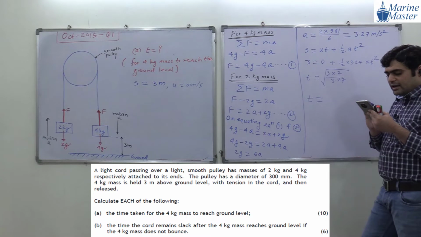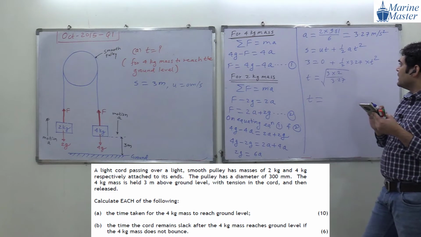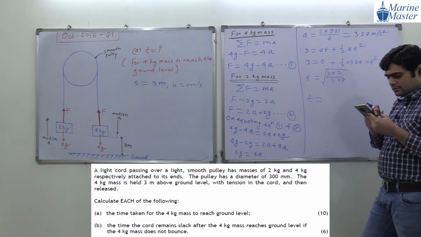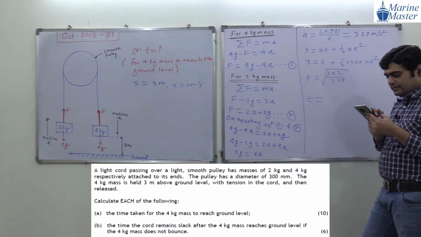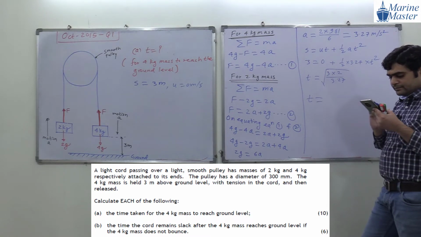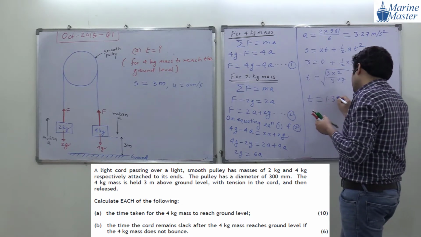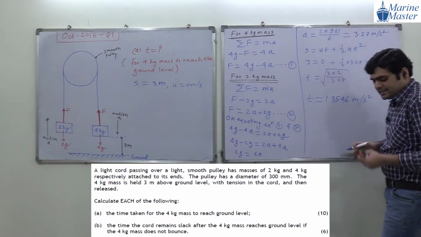How much time do we require, guys? I think I have done some mistake here. The answer we are getting is 1.3546, and the unit is what? Meter per second.